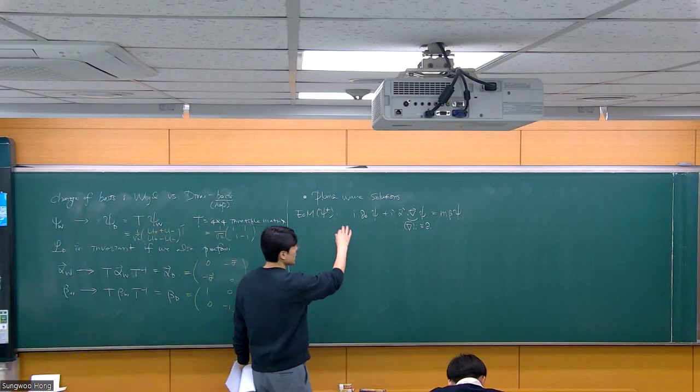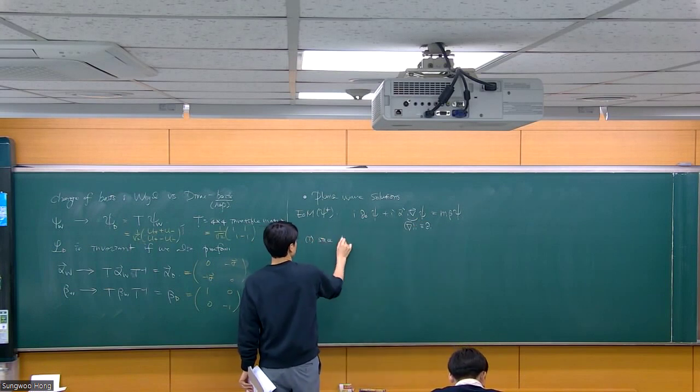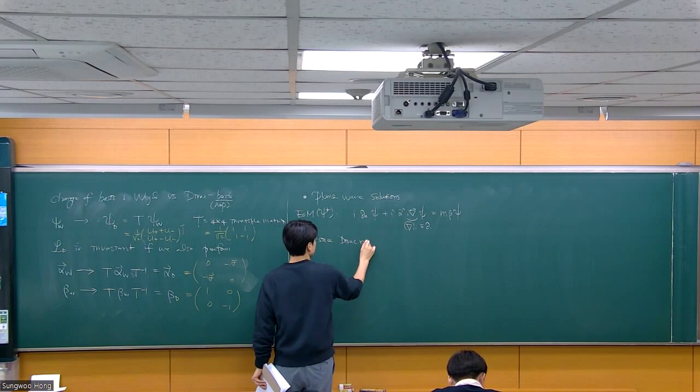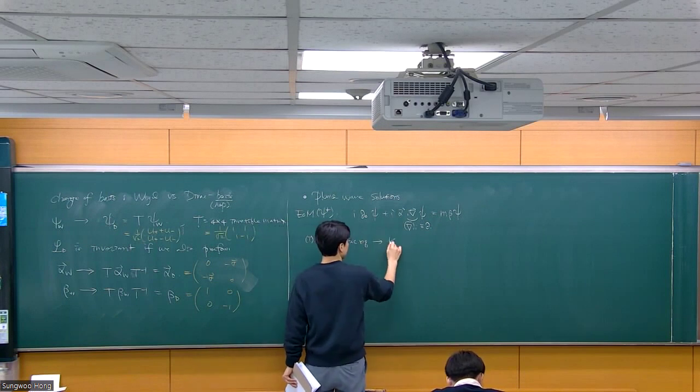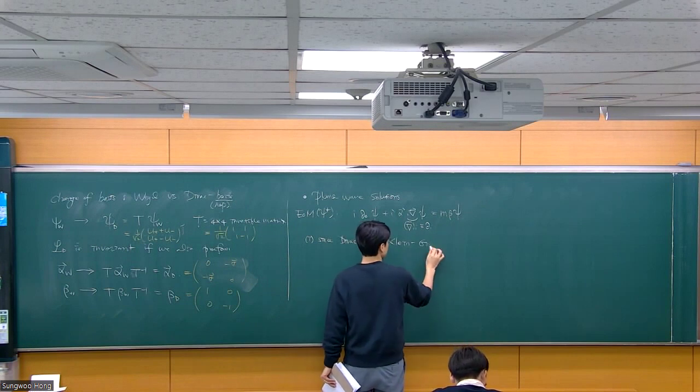I have shown that this equation is equivalent. So number one, since this equation, called the Dirac equation, eventually also implies that it satisfies the Klein-Gordon equation.